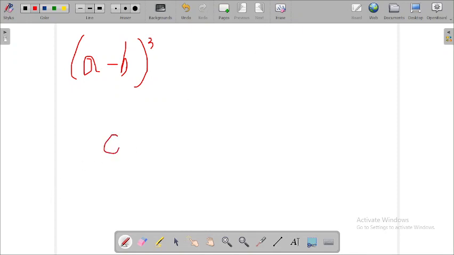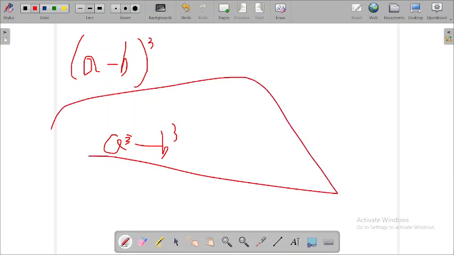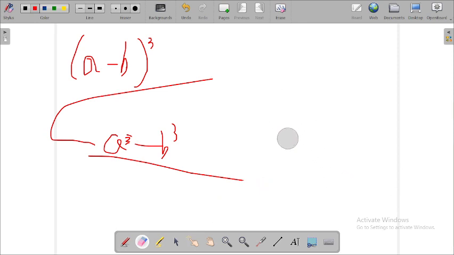And meanwhile, a cubed minus b cubed, this is the cube. So this will equal a cube.